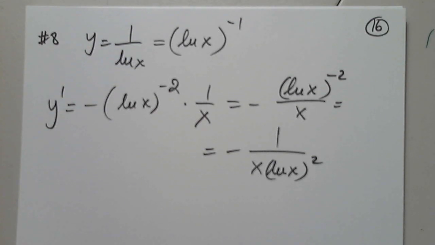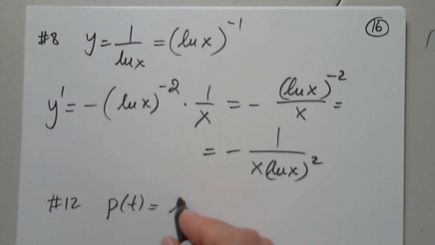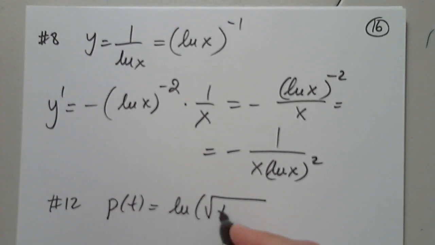Okay, I get to pick then. I will pick 12. I have P of t equals natural log of the square root of t squared plus 1.